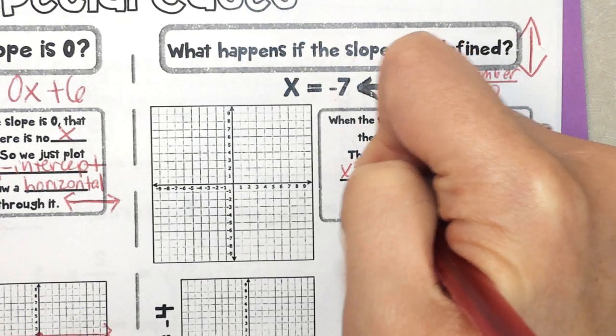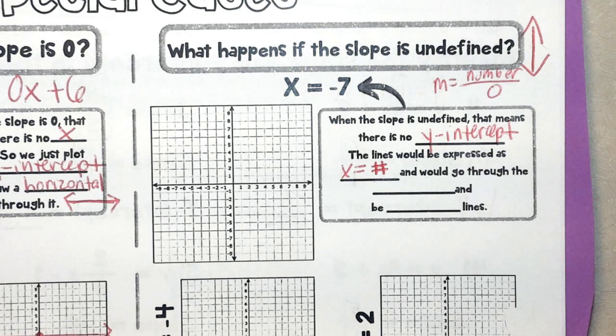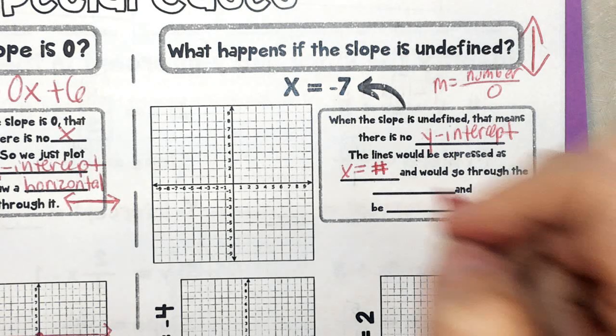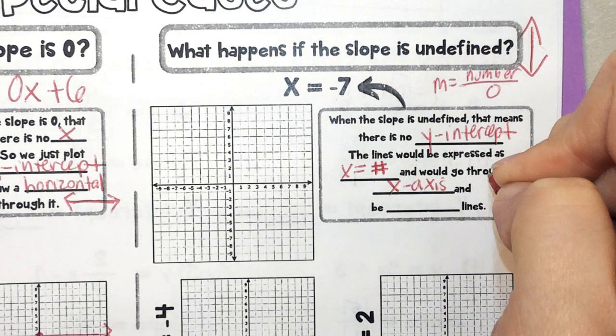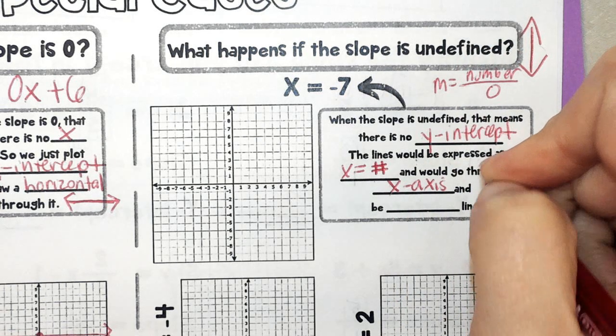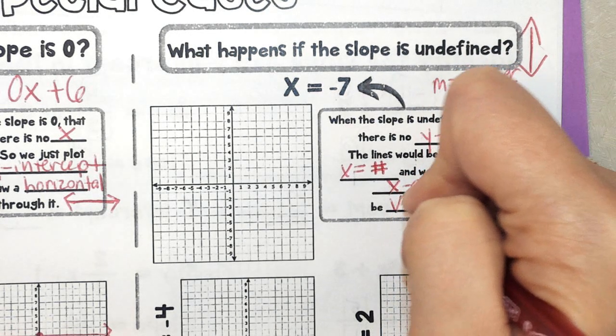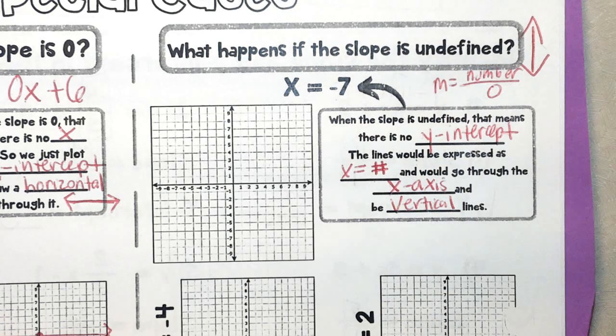It's just telling me that it's going to be a number. x equals some number is how it's going to be written. And it would go through the x-axis and be a vertical line.